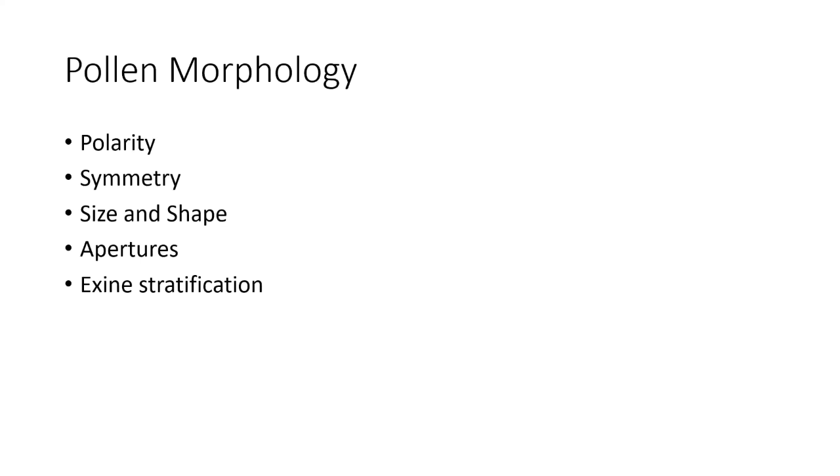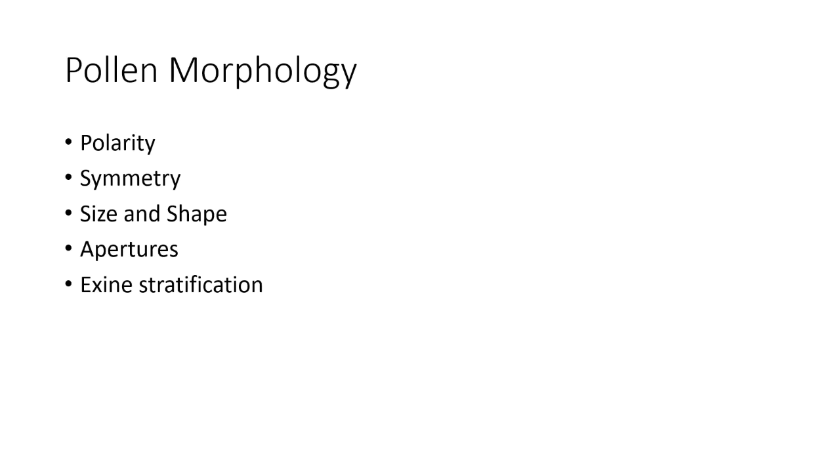So when I'm interested in studying the pollen grains, how do I study? I can study the morphology of spores or pollen grains with reference to these different aspects, which are polarity, symmetry, size and shape, apertures, and exine stratification.